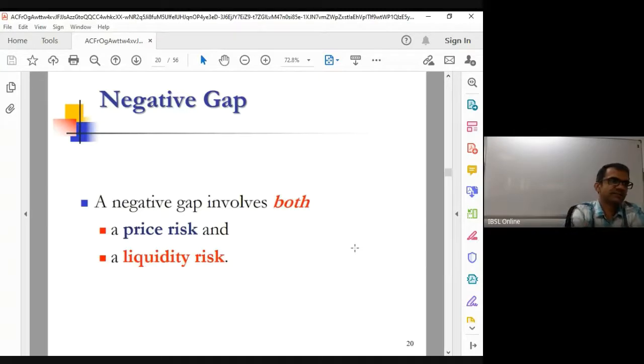So in summary, a negative gap involves both price risk and liquidity risk. What is a negative gap? Negative gap is where you have longer maturity assets funded with short maturity liabilities.